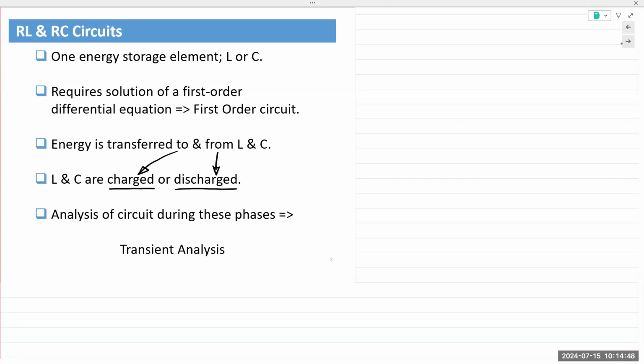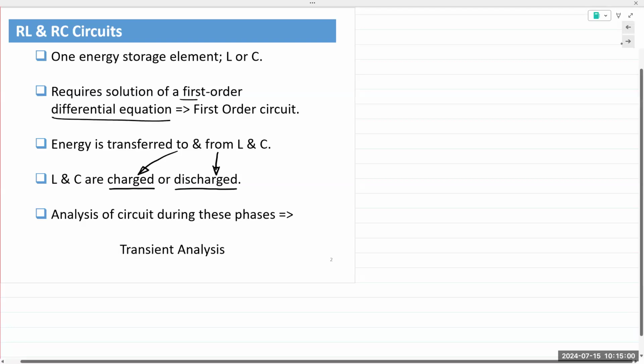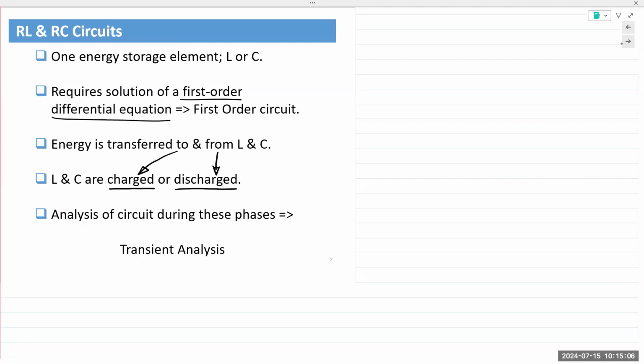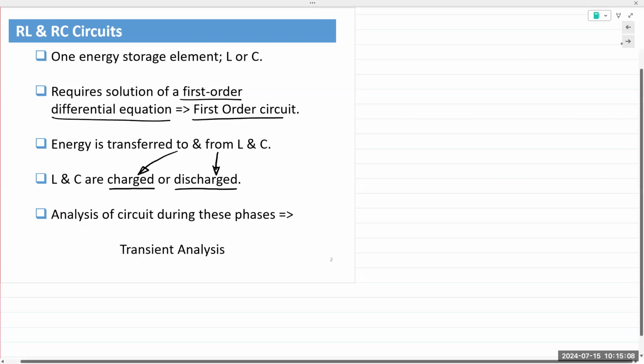Because the voltage and current for a capacitor or inductor are time dependent, the solution of the circuits requires solving a first order differential equation. And hence, the circuits are also known as first order circuits. Typically, if you have one energy storage device, you need a first order differential equation, so it's a first order circuit.